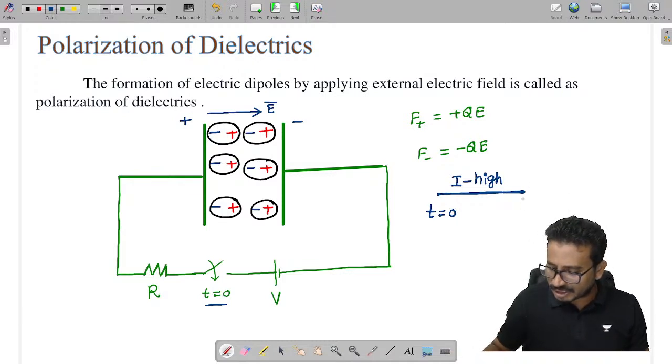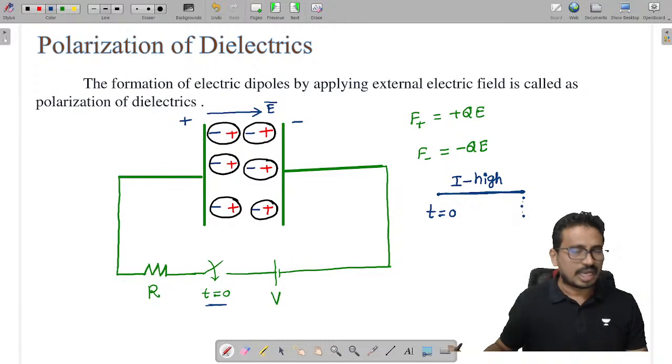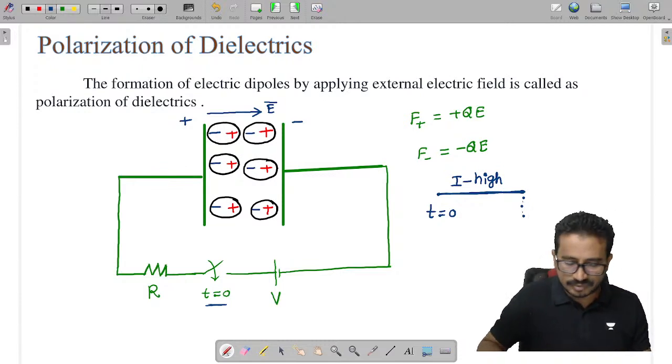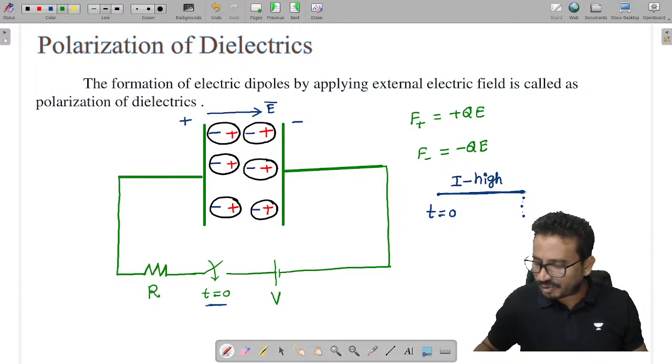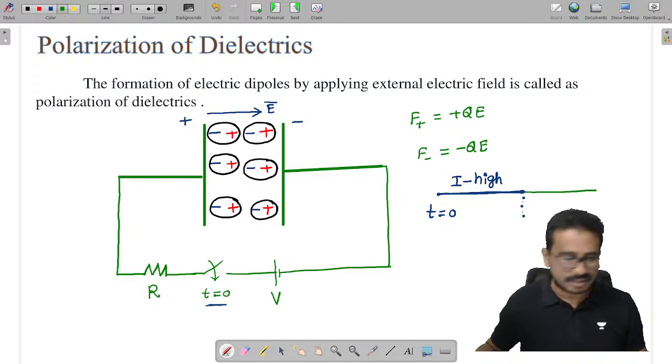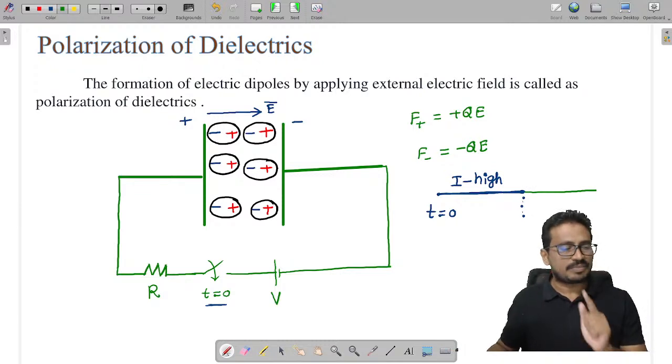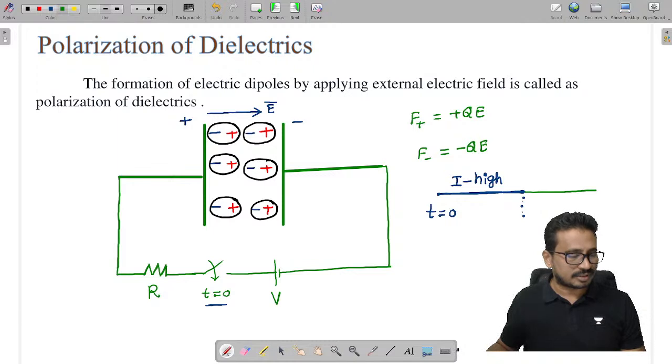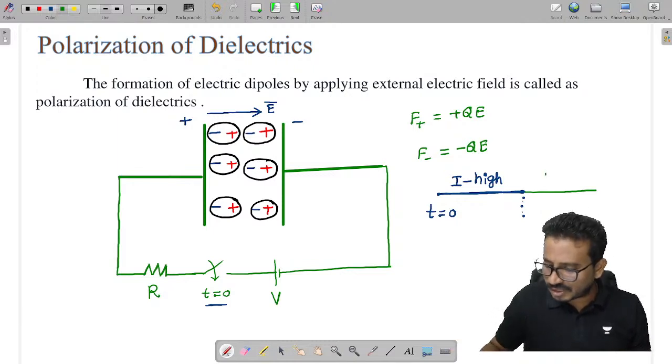Now after some time, after the formation of dipoles, do we have any flow of charges? There is no flow of current; the current will become completely zero.